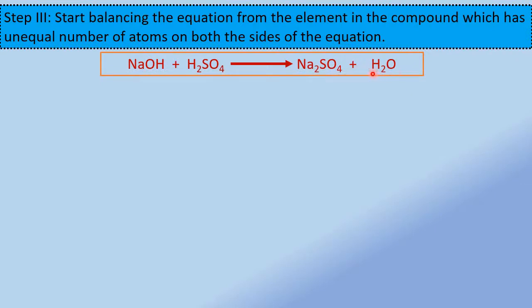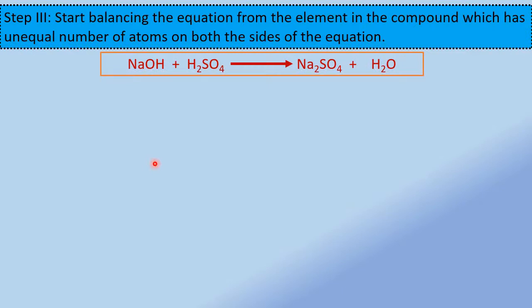Now, it is convenient to start balancing an equation from the compound which contains the maximum number of atoms. Moreover, it is convenient to first consider that the element in this compound which has unequal number of atoms on the two sides.